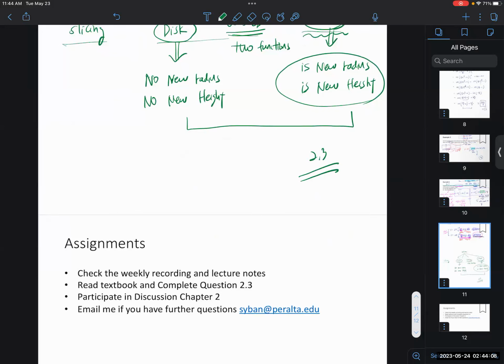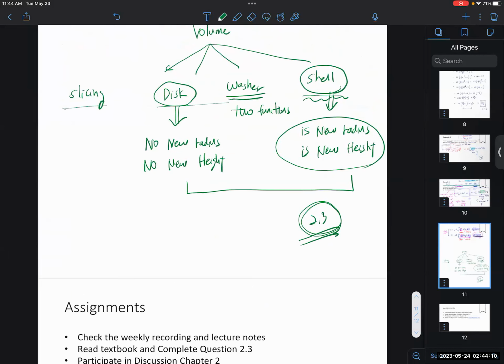So that's we finish the entire 2.3. We see the original traditional shell method, plus why it is a benefit, because it helps us find the volume when you have a new radius and height. The other method cannot do that. So that's why we observe the benefit of using the shell method in this video.